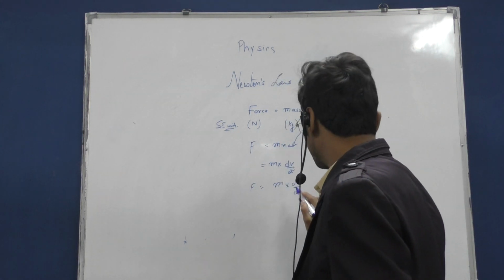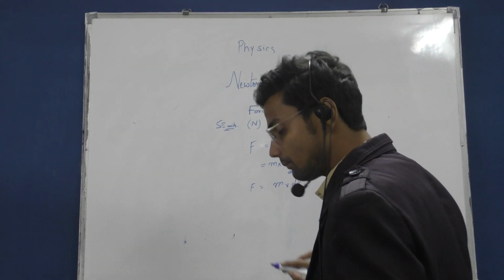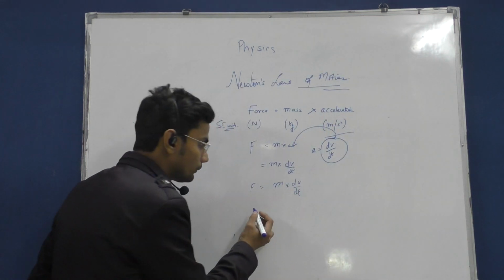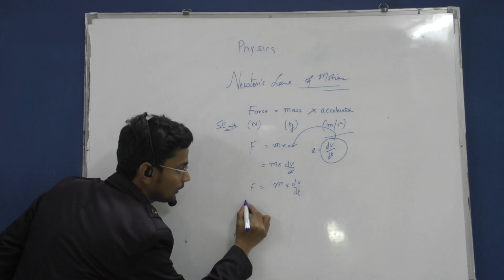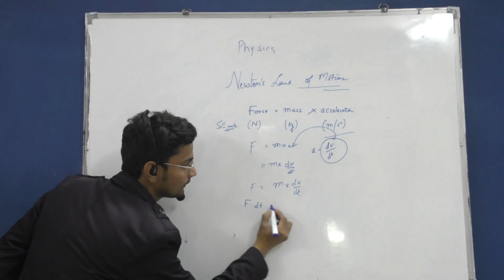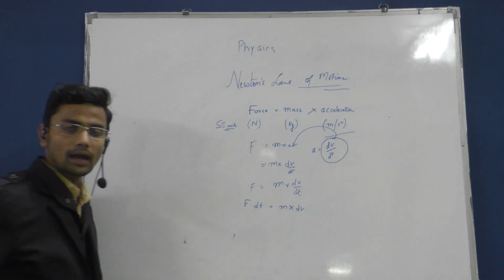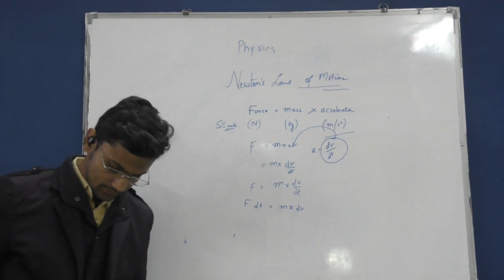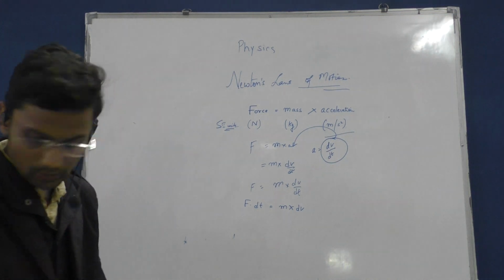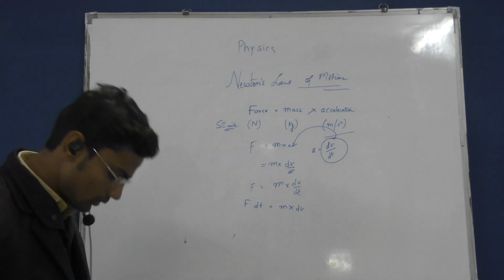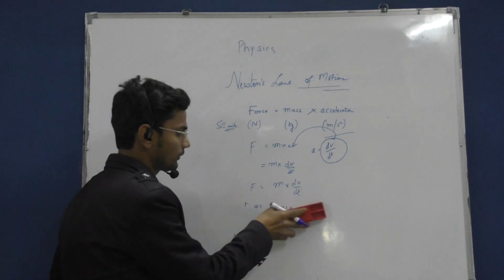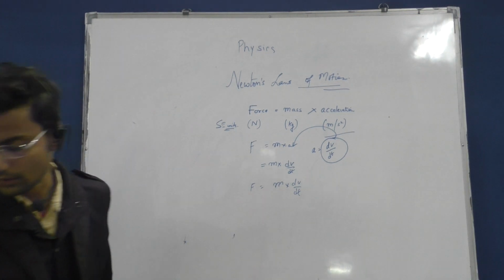And what I am trying to do is put this here like F into dt equals m into dv, right? I have rearranged it. If you have some doubts, we will not follow this, because this sometimes becomes difficult to understand.